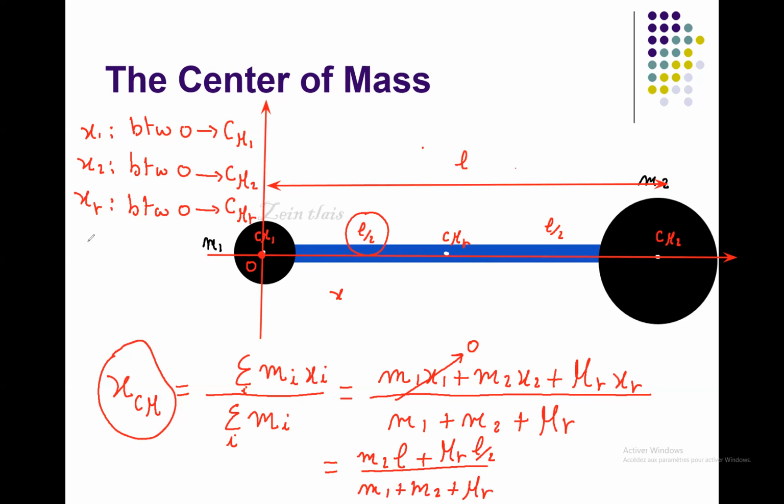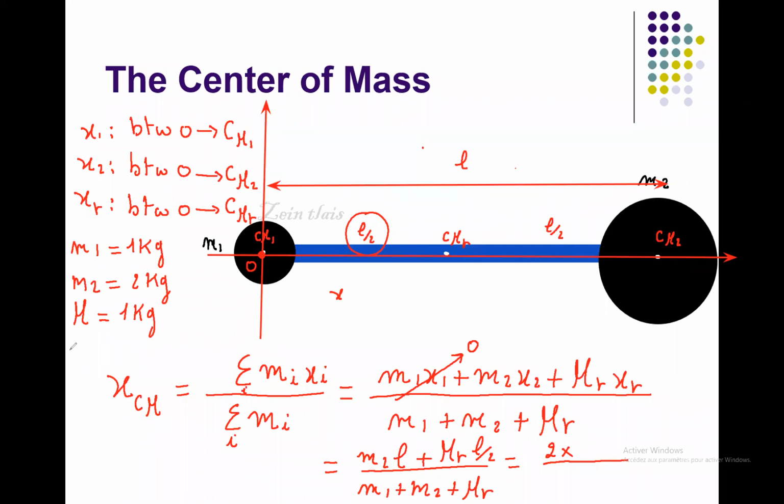Let's say here as a given, we have M1 equals 1 kilogram, M2 equals 2 kilograms, and the road has a mass of, let's say, 1 kilogram. Also, let's say the length of the road L equals 1 meter.